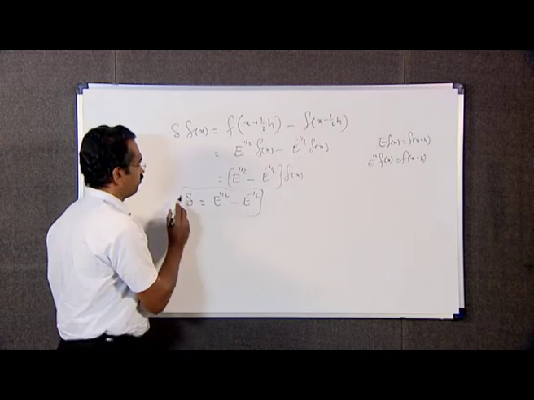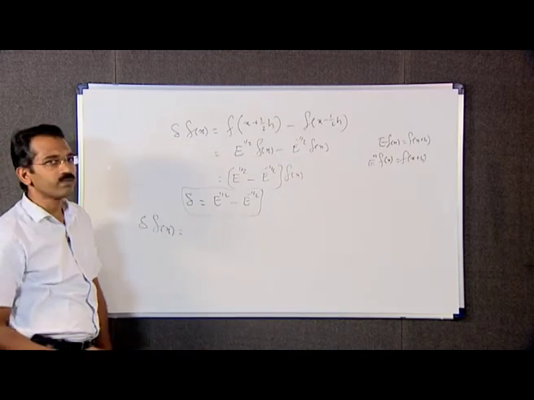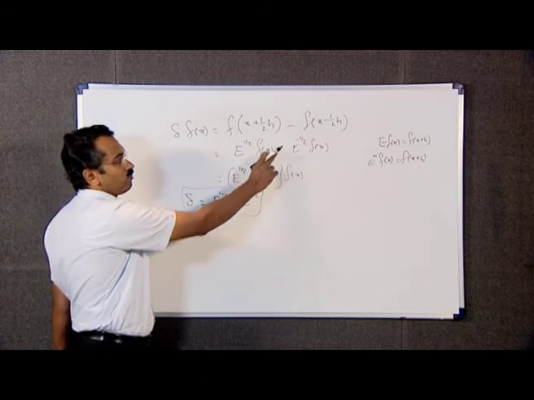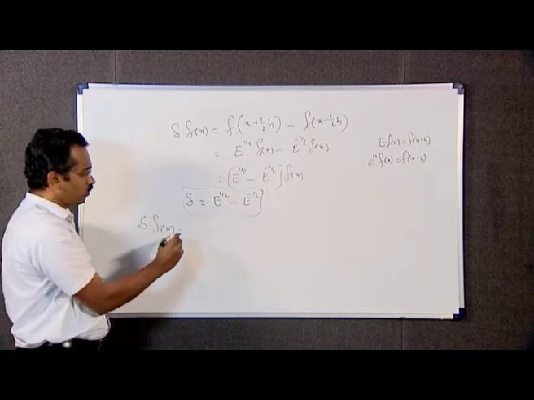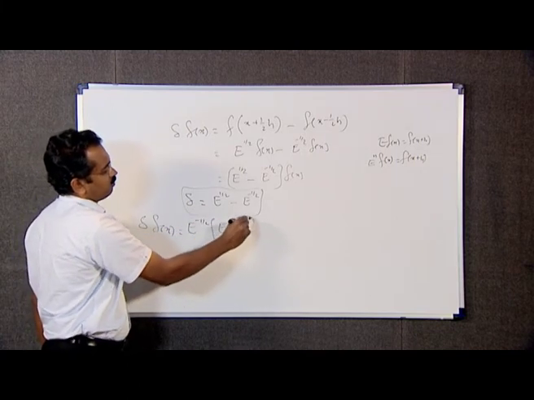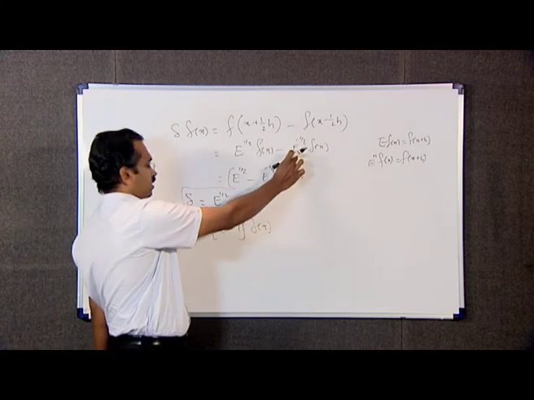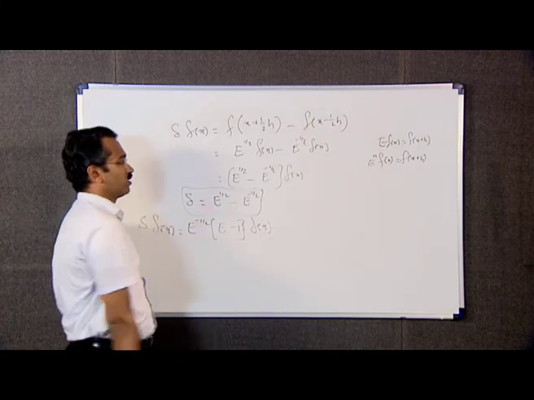Further, we have del f of x is equal to e raised to minus 1 by 2 into E minus 1 of f of x. From here, we take e raised to minus 1 by 2 in common.